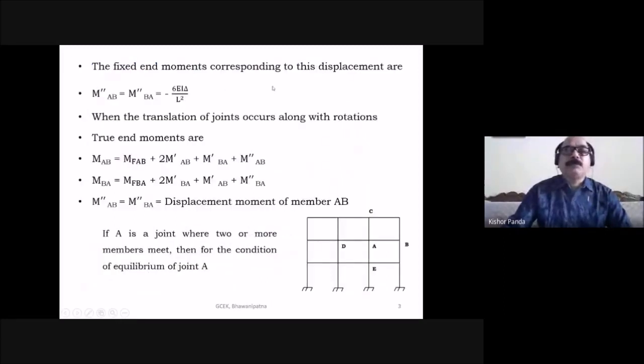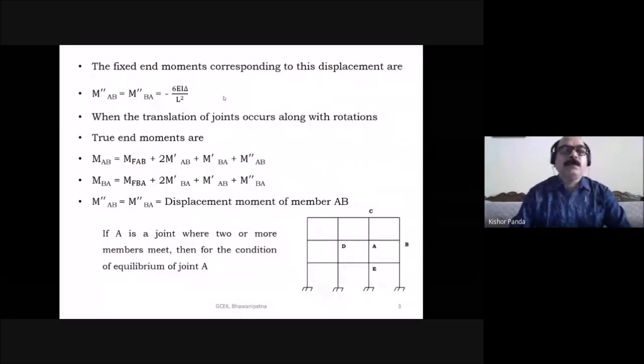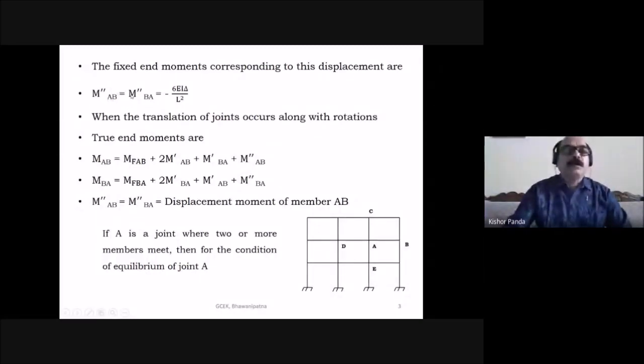The fixed end moments corresponding to this displacement are M double dash AB equal to M double dash BA equal to minus 6EI delta by L square. Due to the lateral displacement, these are the fixed end moments. We have already discussed this in slope deflection, moment distribution, and also in fixed beams, when settlement of the support takes place. What is the fixed end moment at the joint? M double dash AB is equal to M double dash BA is equal to minus 6EI delta by L square.